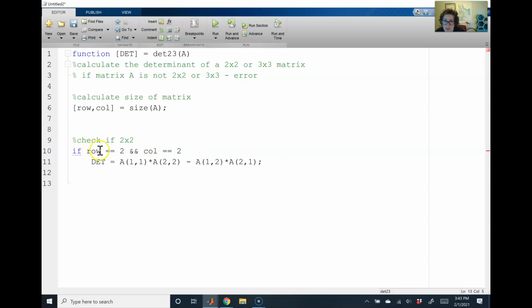So if our matrix A is not 2 by 2, so else if, we're going to check if it's 3 by 3.